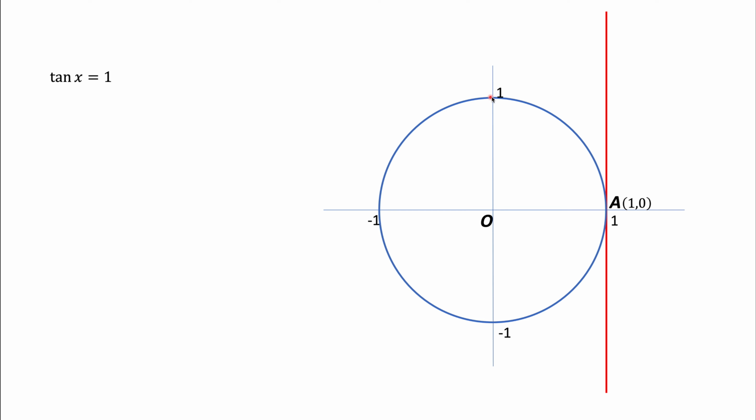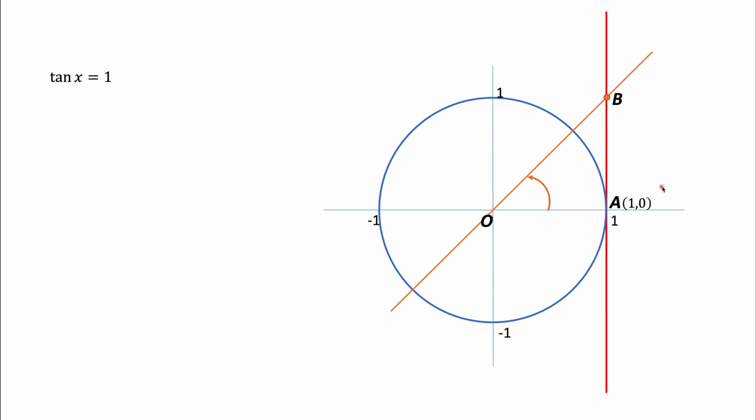It's really going to be the same height as this one, okay? That's point B. Now draw a straight line through B and through the origin of the sine and cosine coordinate system, point O. And now all angles that get you this line are going to have tangent equal to 1.